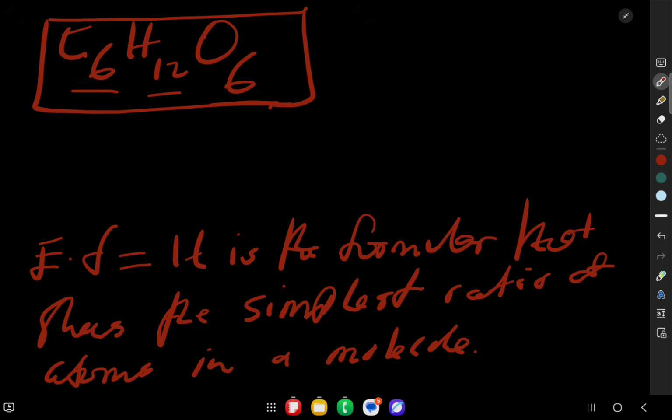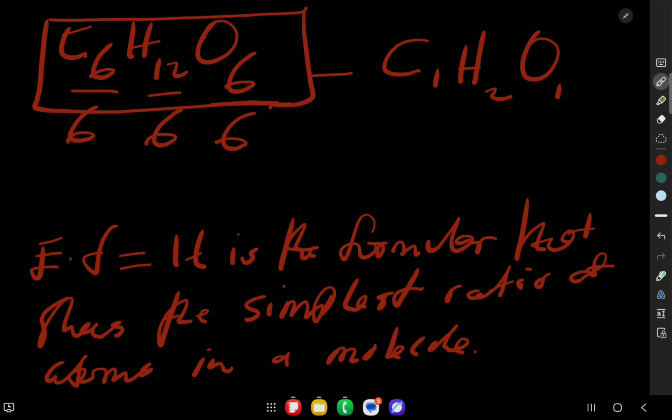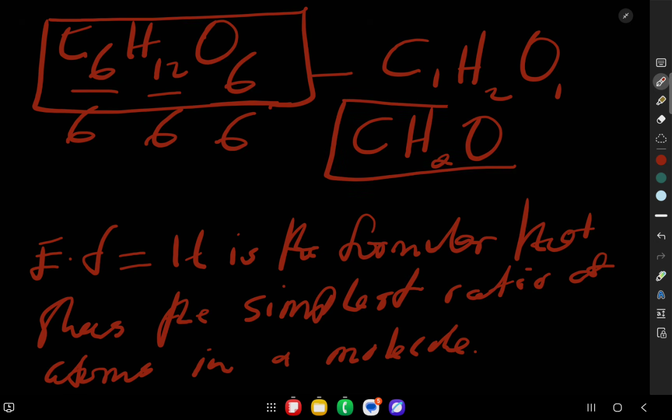I can simplify this formula by dividing by 6 throughout, and what I am going to obtain is C1, H2 and O1. This means CH2O there. So what I have obtained here is what is called an empirical formula, because it is showing me the lowest ratios of atoms in a molecule. So that is what an empirical formula is all about.